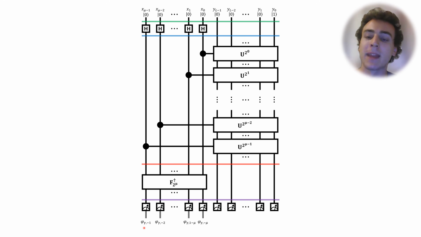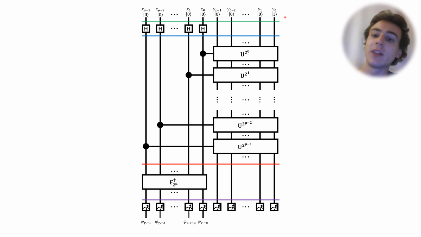But now we're going to need another index gamma to describe these bits. Later in this video, we're actually going to explain what this gamma is. And this comes as a consequence of the initialization of register Y. So let's have a look at what the initialization of register Y is.